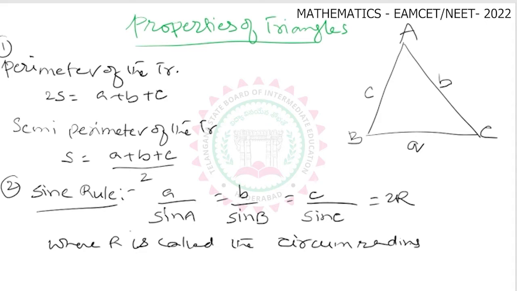So the second formula is cos rule, or you can say cosine rule. So this is my third formula. Cosine rule.